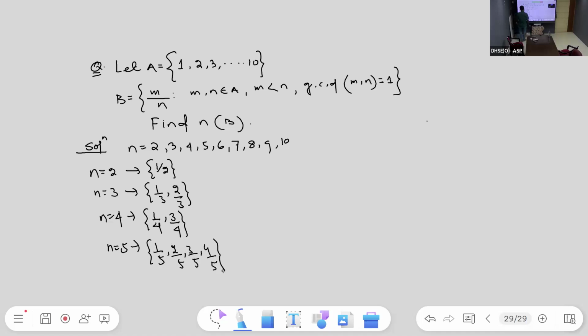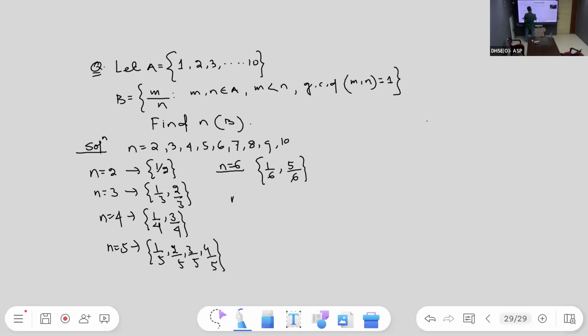If n is equal to 6, what are the possibilities? 1 upon 6, and 5 upon 6. 2, 3 and 4 upon 6 should not be taken.